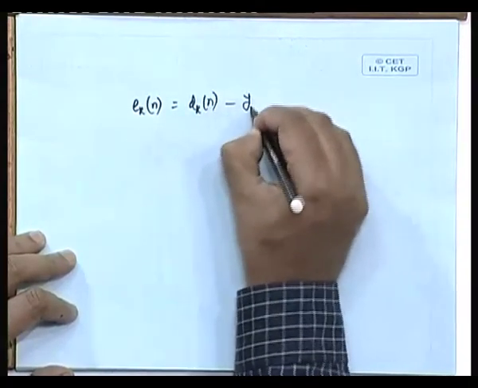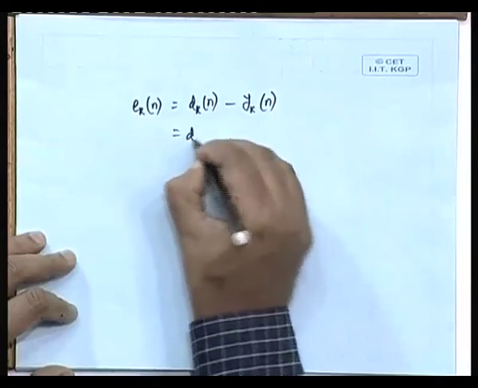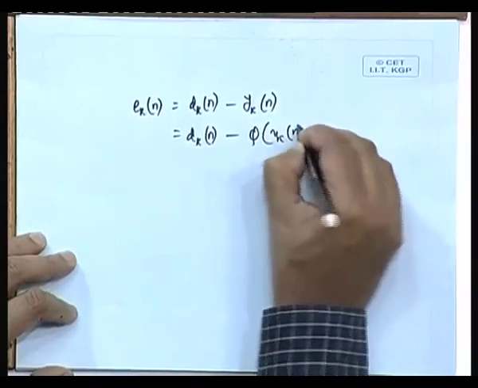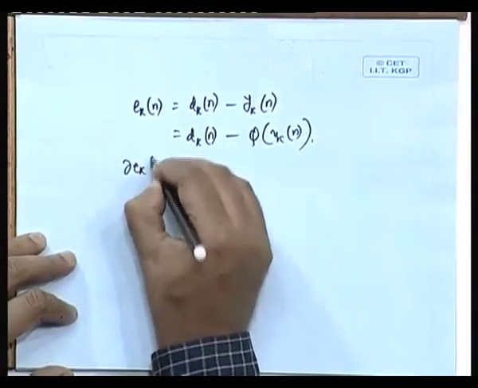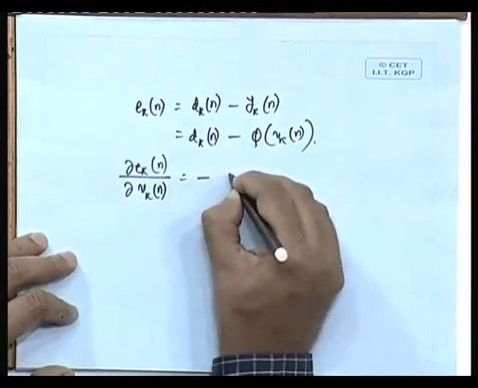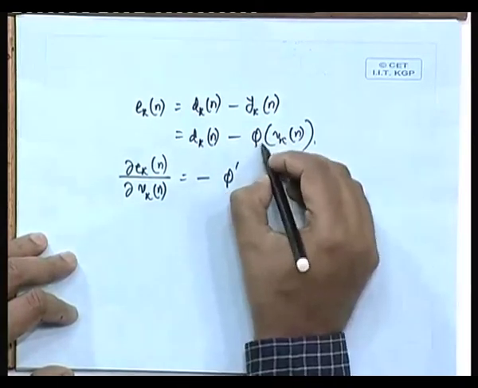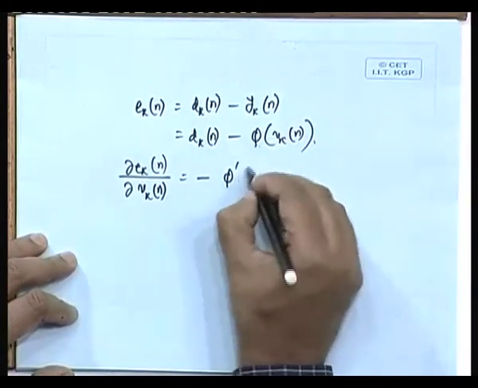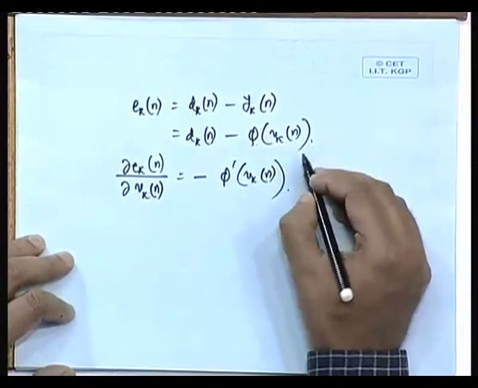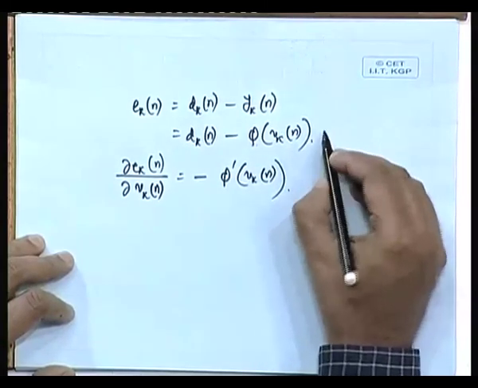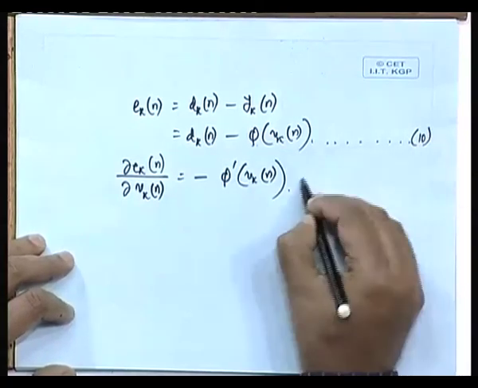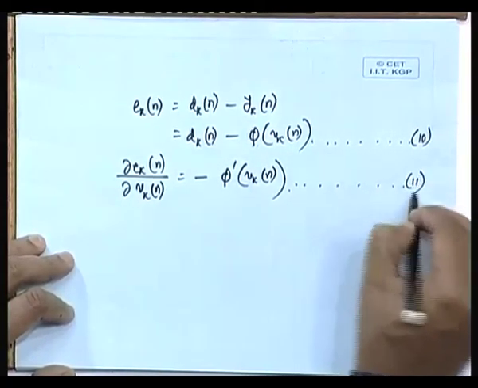Dkn minus Ykn, and Ykn is nothing but phi of Vkn, right. So, what is dou Ekn dou Vkn? That is equal to minus phi dash. In fact, we should write phi dash of k. Okay. Anyway, phi dash of Vkn. Okay, so this one let's call as equation number 10. Okay. And this one as equation number 11.